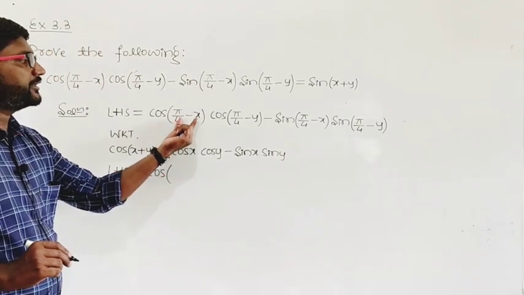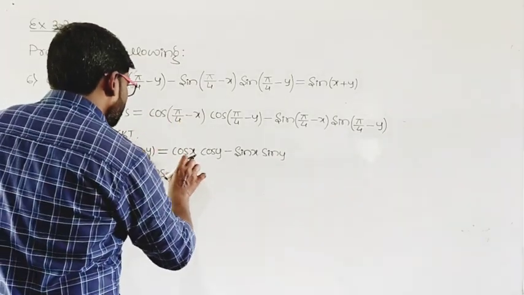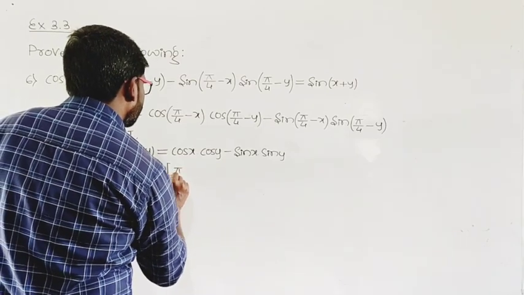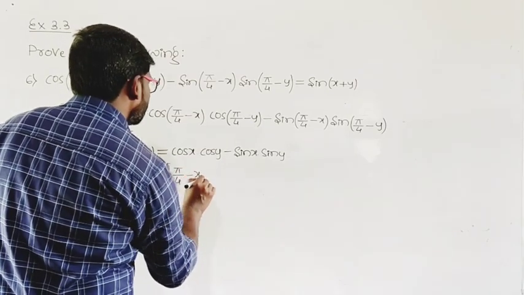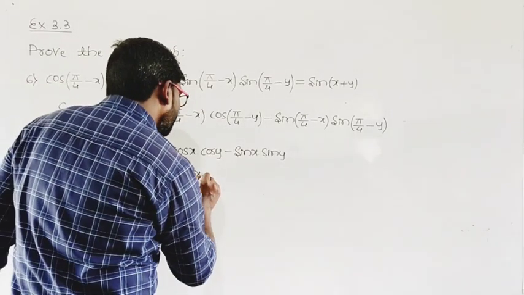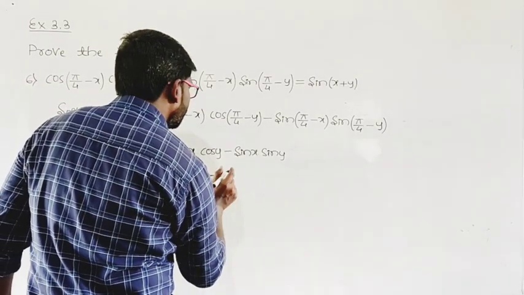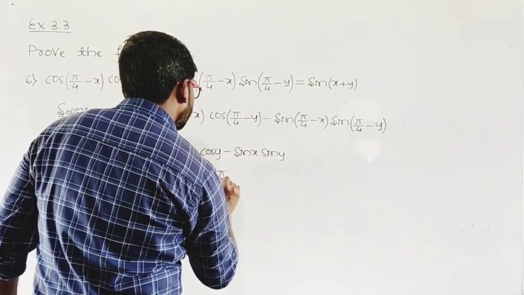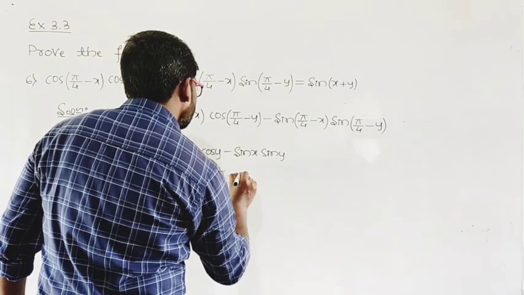Here x is going to be pi by 4 minus x, so cos of x plus y, that is pi by 4 minus x. What is y here? y is going to be pi by 4 minus y.